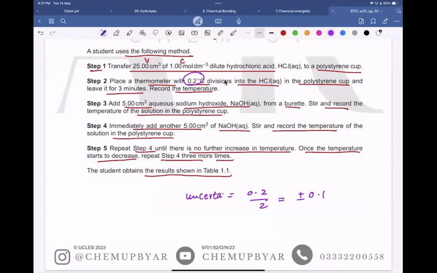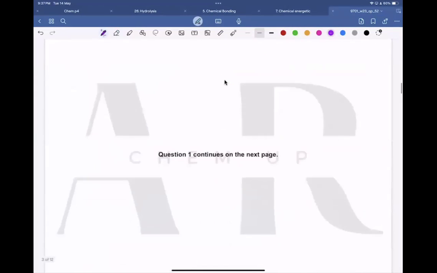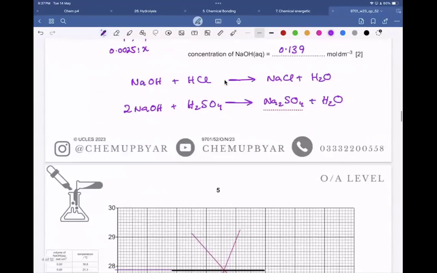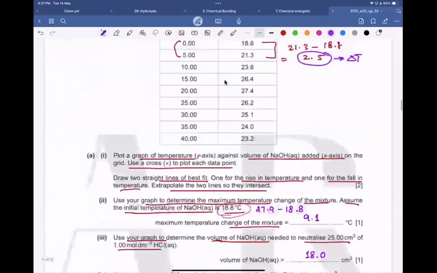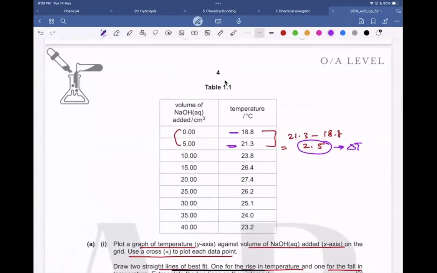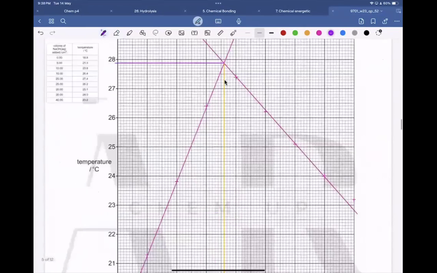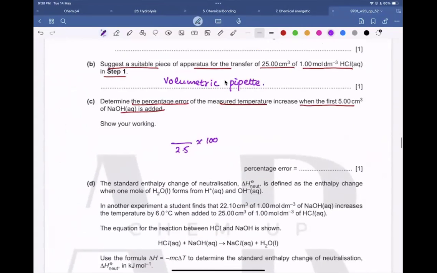So that is the error in our reading, right? And we use the thermometer twice. So it means that this 0.1 error is present in both readings. And 2.5 is calculated by subtracting these two. So twice of 0.1 divided by the change in temperature times 100.